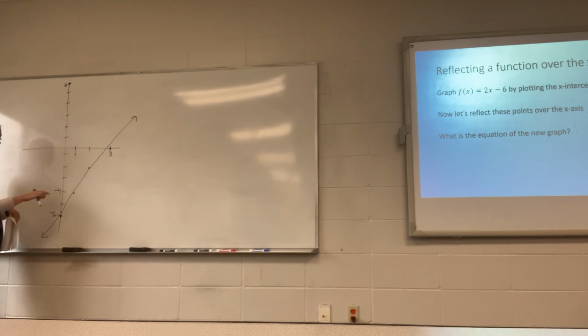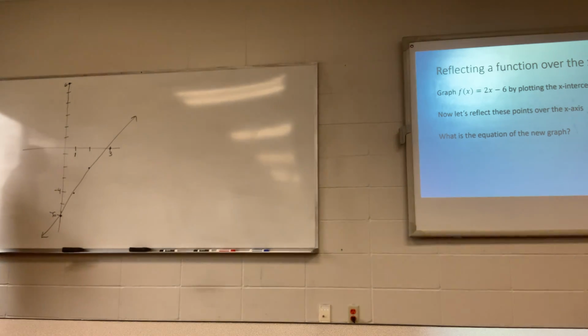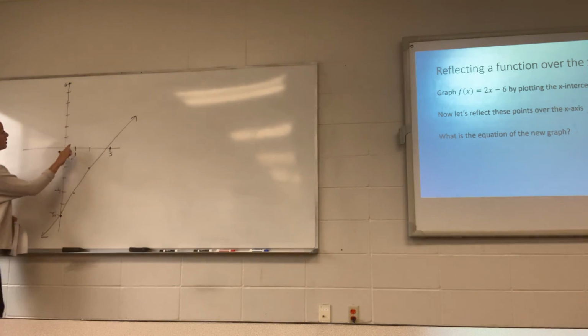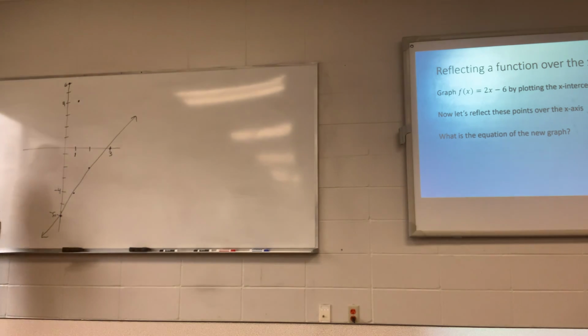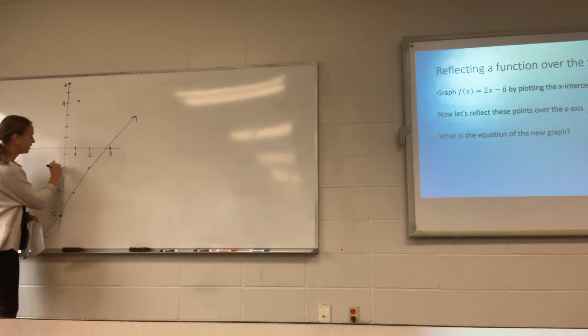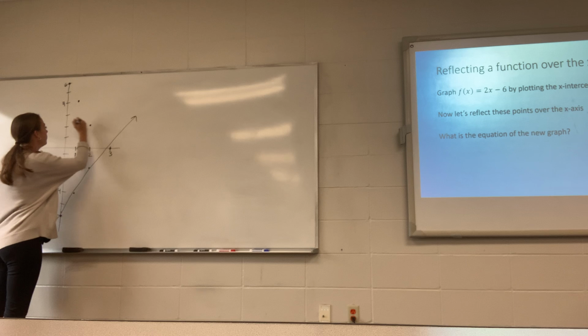Yep, you're good so far. So positive 1. And then the opposite of negative 4 would be? Yeah, so that's going to be up here at 1, positive 4. Okay, then this point right here that's at 2, negative 2, Haley Winter, where's that one going to be? Positive 2, positive 2.